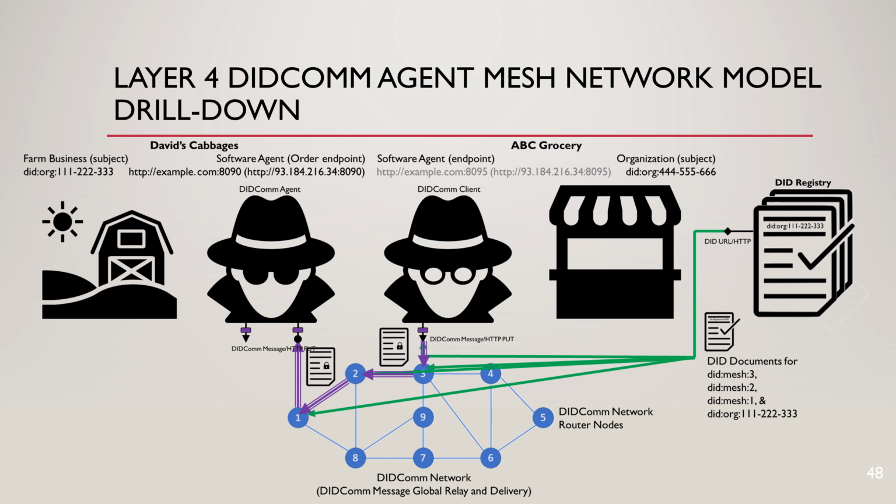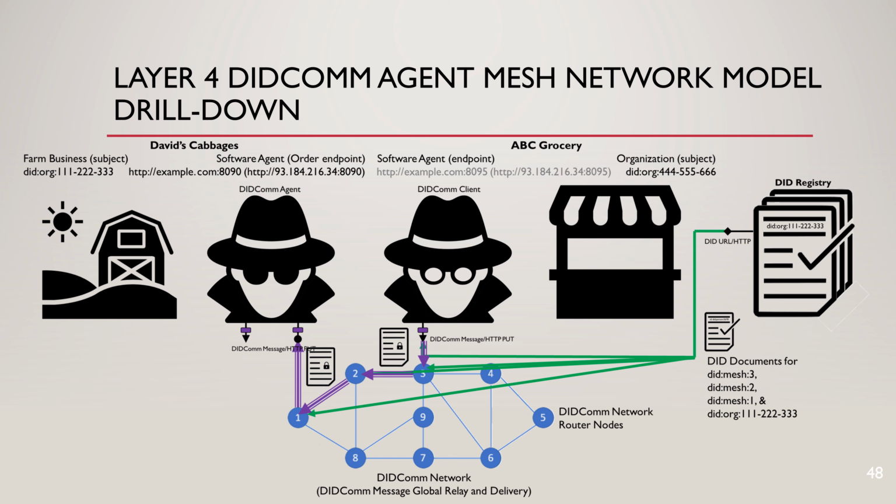So instead of doing just point-to-point messaging between the client and the agent, we're sending those authenticated encrypted messages into a mesh, into a message delivery relay and delivery network. And the purpose of this is to make the delivery more robust and more efficient.